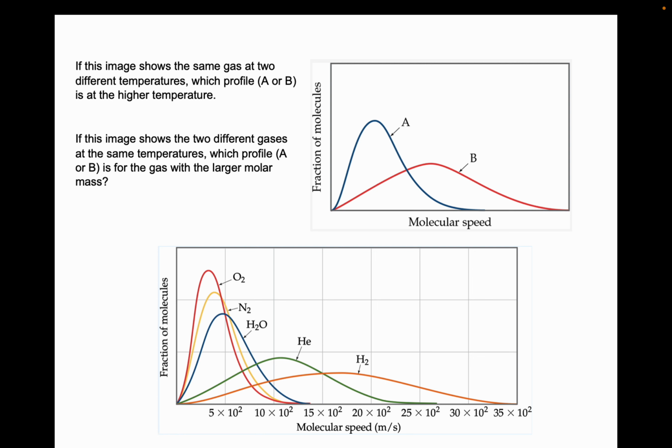Why do they have a higher speed? We said that the thermometer is telling us the average kinetic energy. If the particles have a smaller mass, the only way they can have the same average kinetic energy is to have a larger velocity. So that's why we see that the lighter particles have higher speeds.